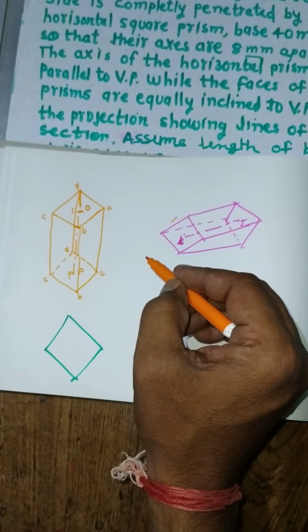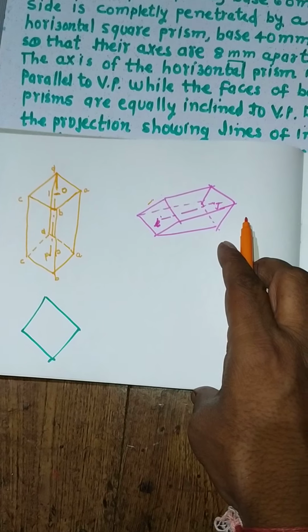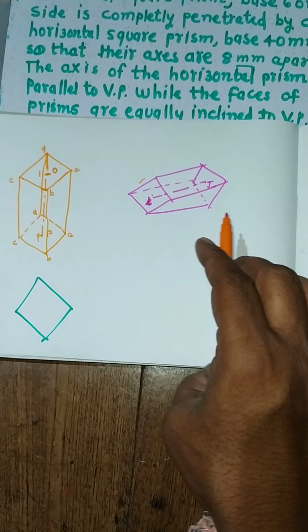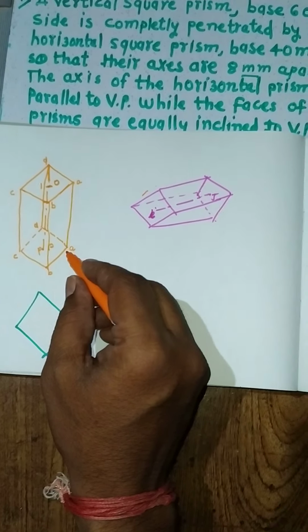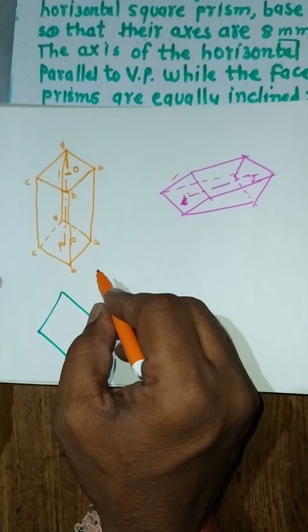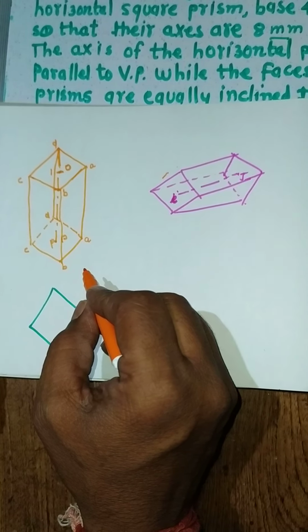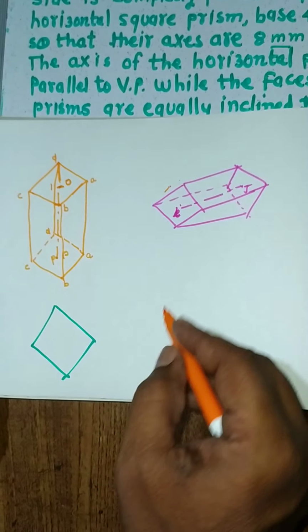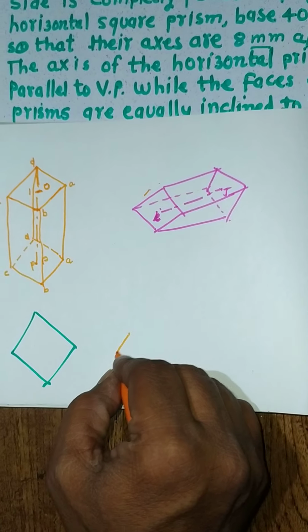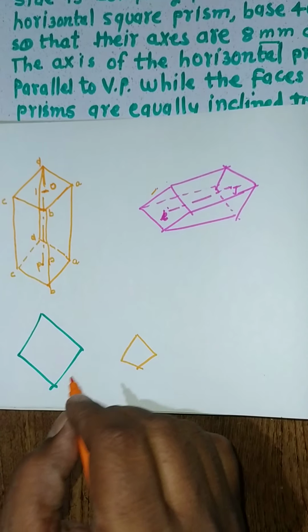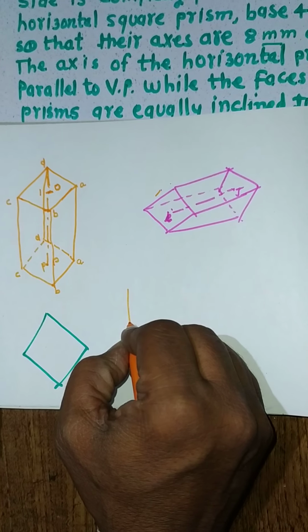Okay. Now, if you draw the projections, what are the projections of this vertical solid? First, we have to draw the cross section. Here the square is a cross section. It is observed from the top side. So I will draw the top view first, that is the square. Second, I will draw the front view.